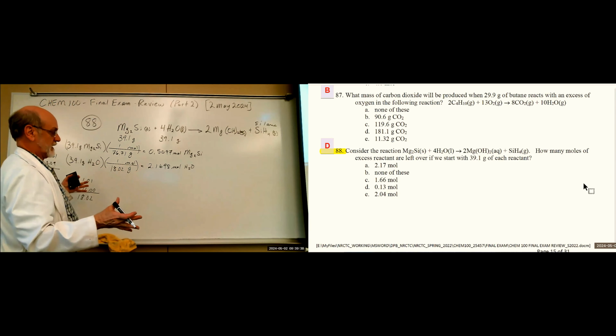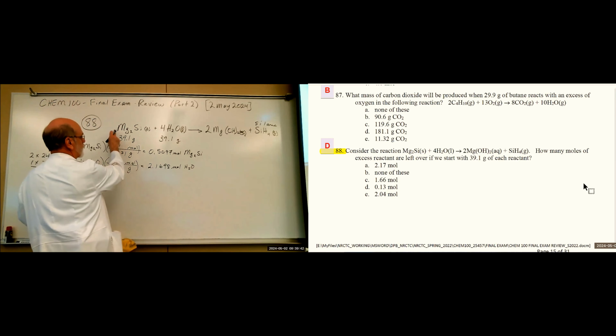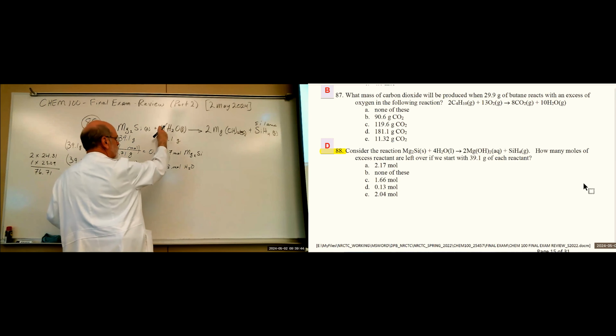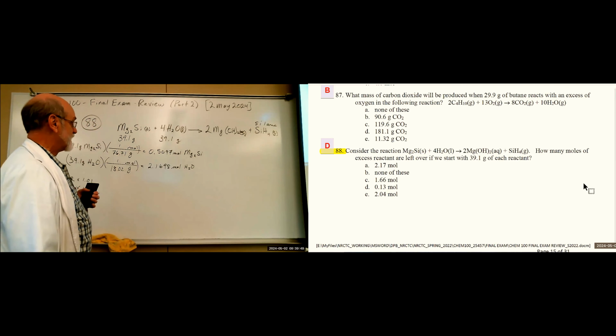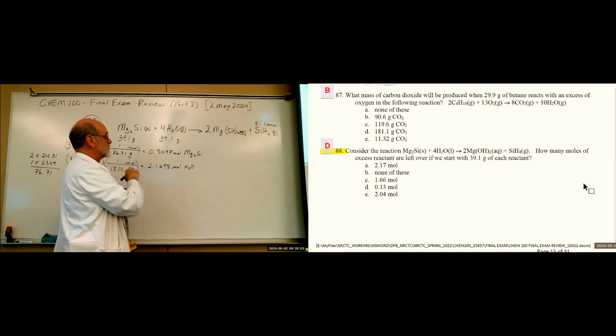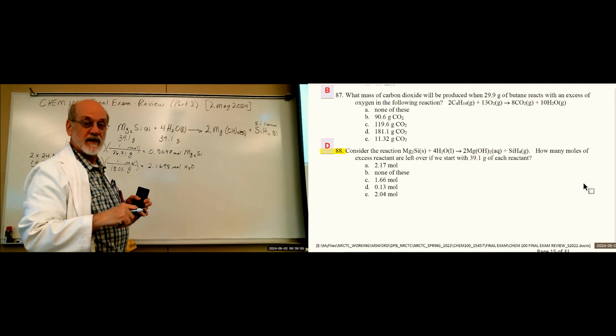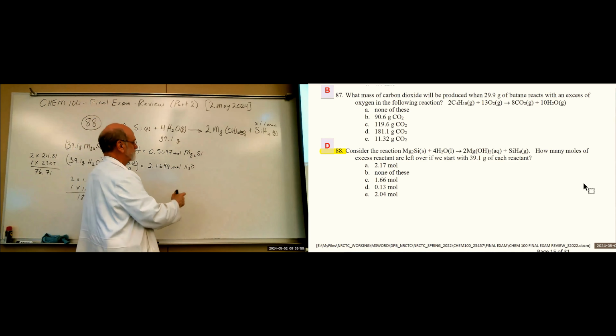So which one's limiting? Well, let's see. For every one of these, you need 4 of those. So if we convert this one to moles of water, that'll tell us if we have enough water. How about that?